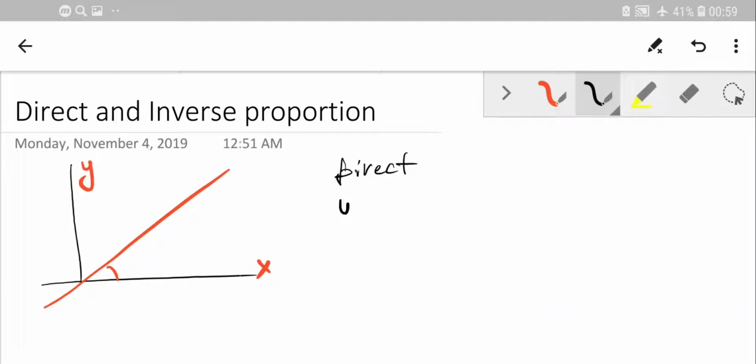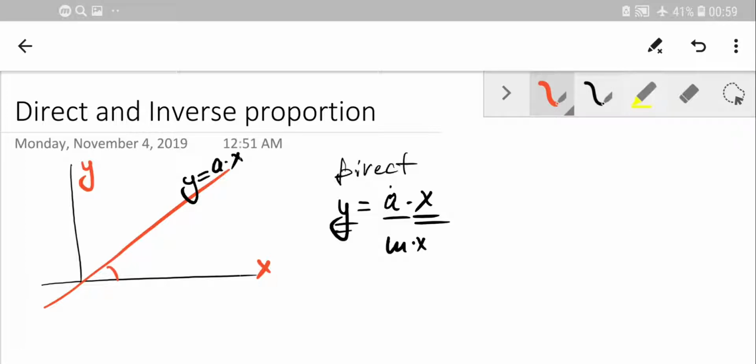Direct means that y is some coefficient, let's say a, times x. Because this is an equation of a straight line, no matter which coefficient you use, a or like for a standard line mx, it doesn't matter. And you see that the more x, the more y.